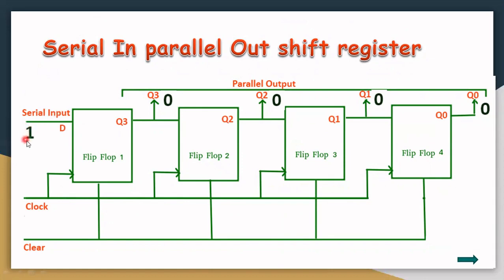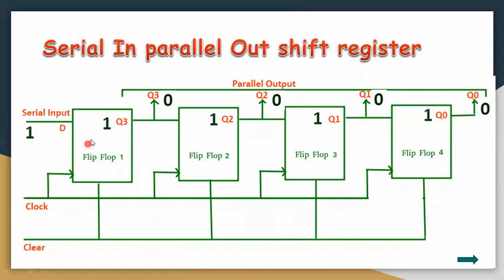First we are entering the least significant bit. So when we are giving a clock pulse, the first bit appears here. When we are applying the second clock pulse, the first bit shifts to the second flip-flop and the next most significant bit appears here. At the third clock pulse, the next bit appears here and all other bits shift one bit right.